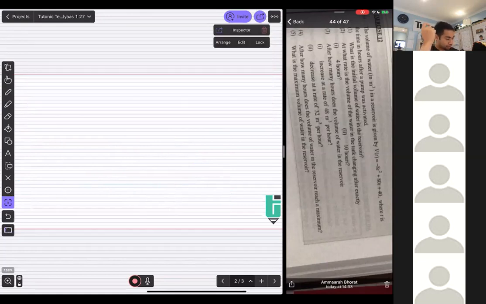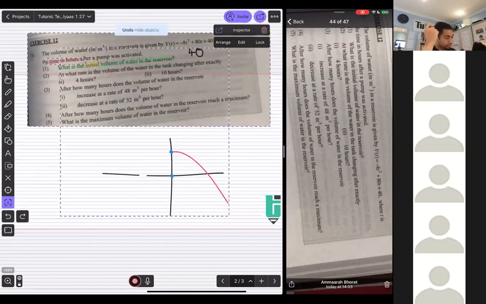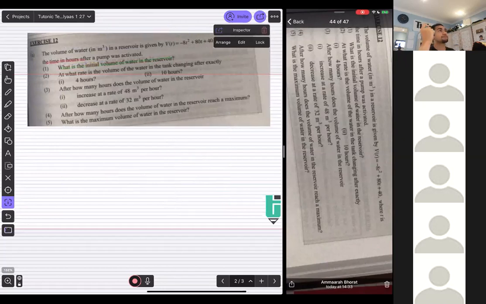Sorry, could you please explain again? I'm getting confused. Okay, what is confusing? I thought T was supposed to be 0 in order to find the initial volume of the water.